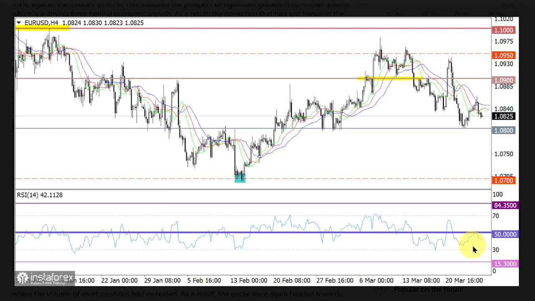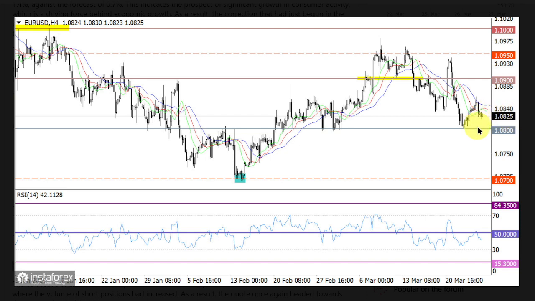On the 4-hour chart, the alligator's MAs are headed downwards, which corresponds to the direction of the corrective cycle. In order to raise the volume of short positions on the euro, the price might settle below the level of 1.0800.